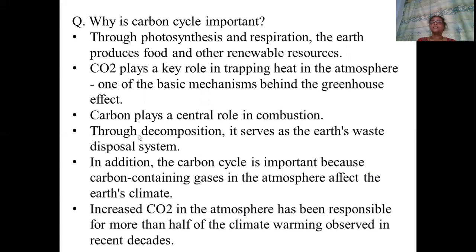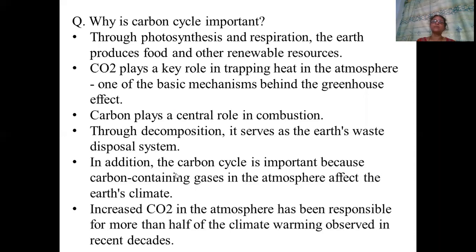Then decomposition, especially of dead bodies, serves as the earth's waste disposal system, and carbon plays a very important role in combustion. So these are all the reasons why, especially in the present scenario, we have to control carbon emission because of the greenhouse effect and global warming.